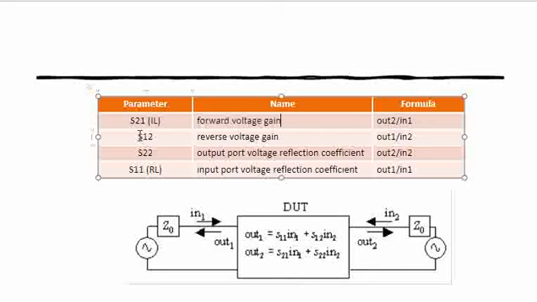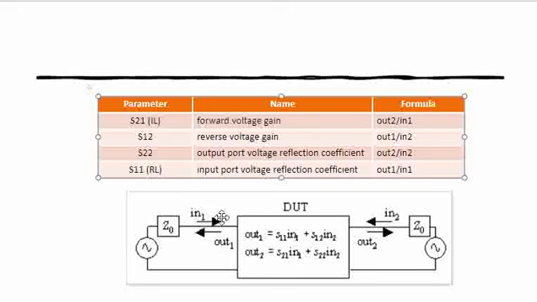And then S12 is a scenario where the first port is the output port and the second port is the input port. That means it is a reverse voltage gain, which is out1 by in2, because input is from the reverse side. Okay, and then S11 is called input port voltage reflection coefficient, which represents the amount of signal that is reflected back, and this is actually represented by the ratio of out1 by in1.